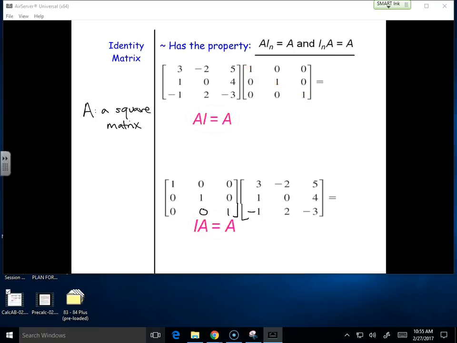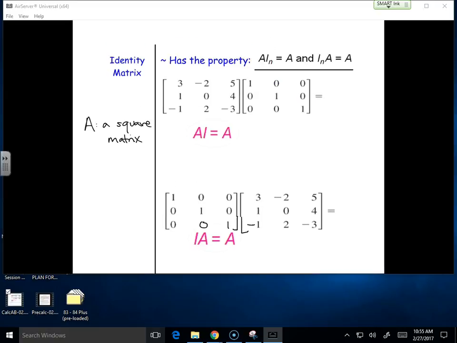As you guys are writing, let me prove why that works. 3 times 1 is 3, negative 2 times 0 is 0, 5 times 0 is 0. The first element would be 3. 3 times 0 is 0, negative 2 times 1 is negative 2, 5 times 0 is 0.